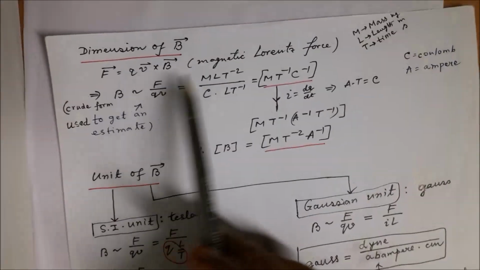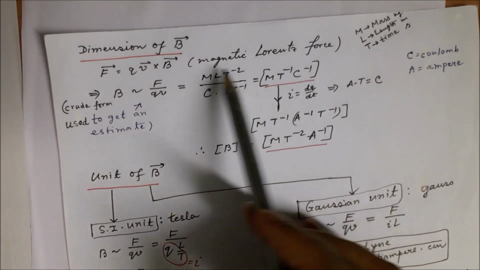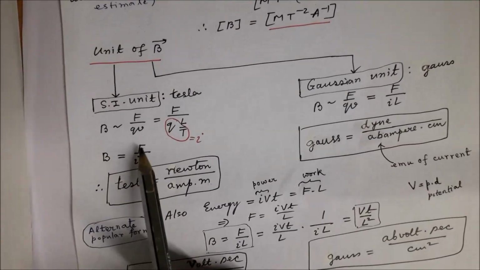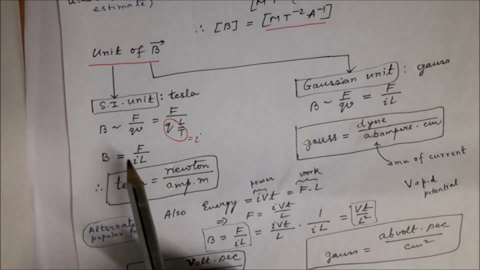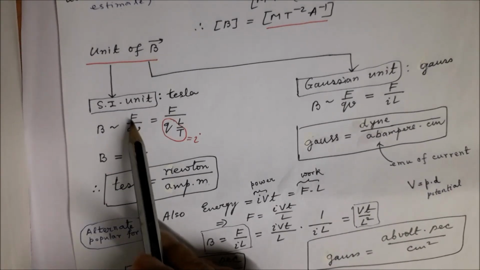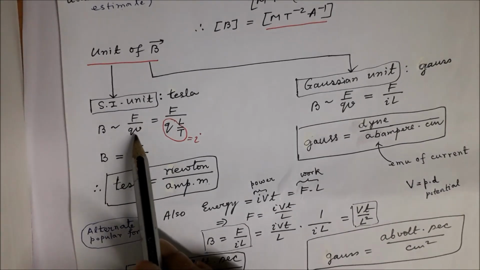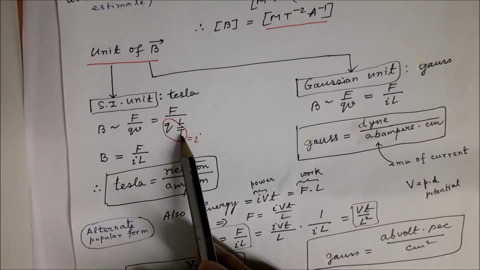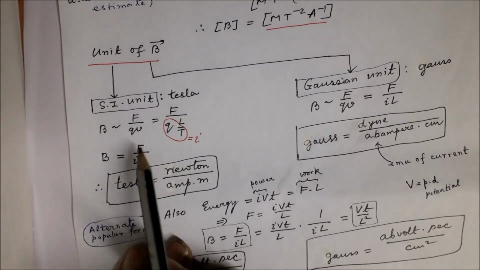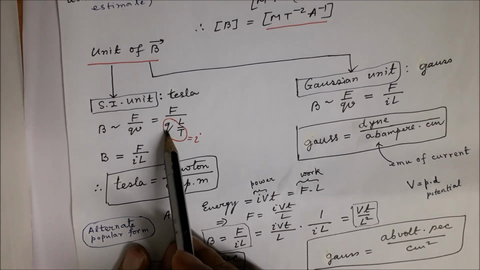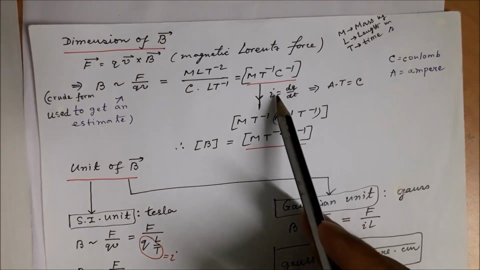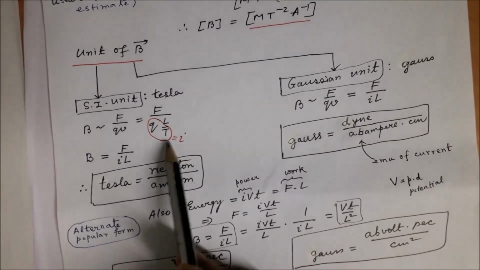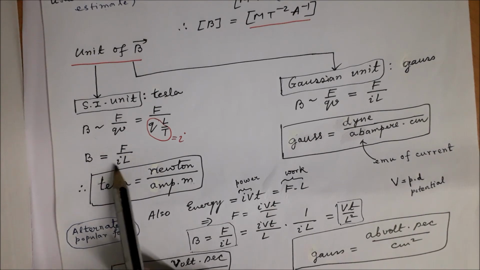Now, from the magnetic Lorentz force equation, let us write in a crude way, just to get an estimate, B is equal to F by qv, and instead of v, which is velocity, velocity is length by time, we get q by t, and q by t is actually I, and therefore this yields B equal to F by IL.